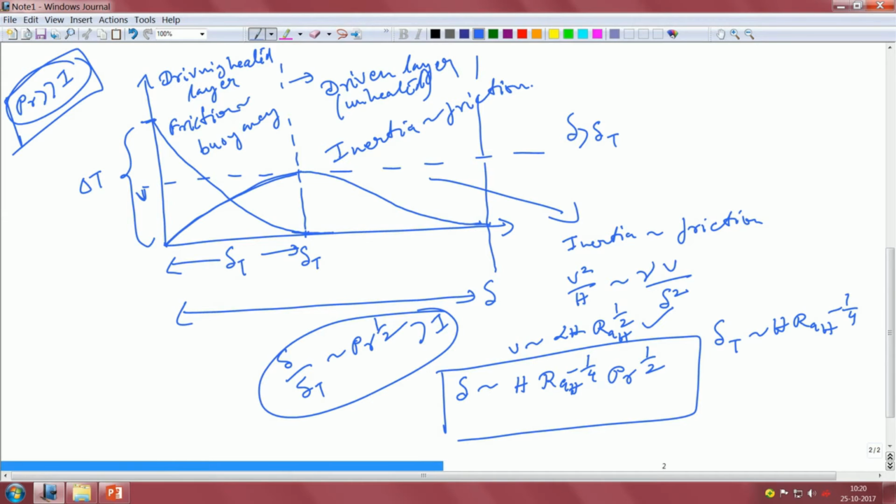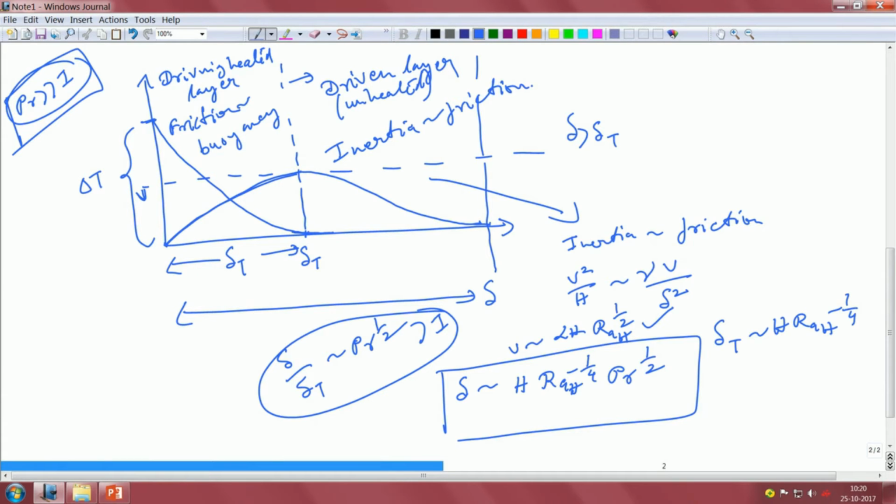So, it is very natural that your velocity profile is now going to be determined by a two-parameter set, delta and delta t, unlike in forced convection, where it was decoupled from delta largely, unless there is some property variation that you are taking into account.